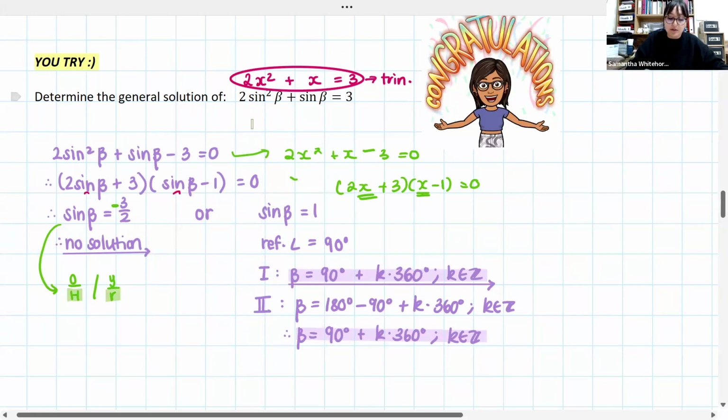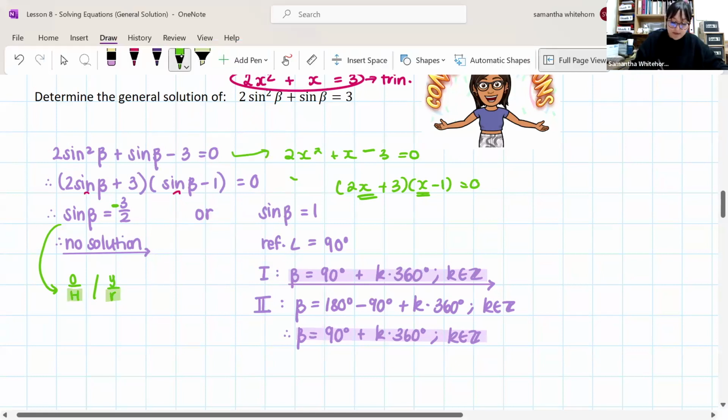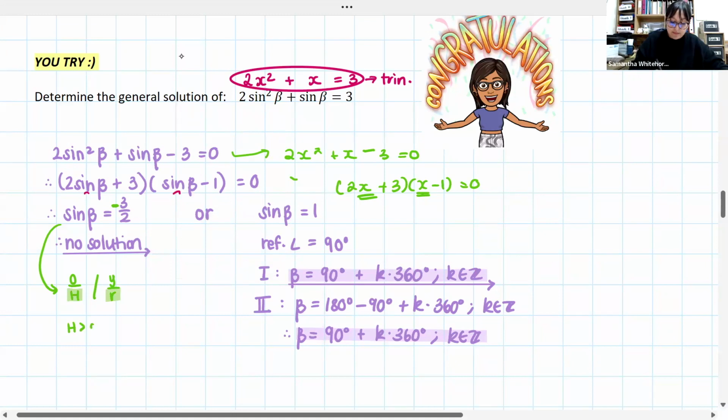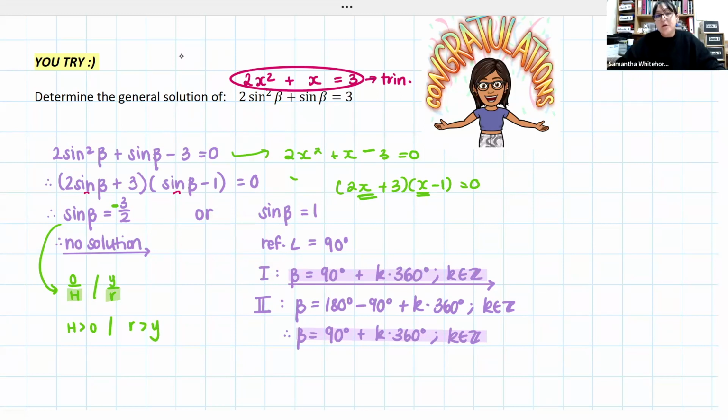Remember, your hypotenuse is the longer side in a triangle, and thereby your radius is the longer side on the Cartesian plane. And because r or h will always be the biggest, it is not possible for you to have an improper fraction. Those biggest numbers are always in the denominator, so your fraction will always be a common fraction. Because it's not possible to get an improper fraction, it therefore is not possible for your ratio to be greater than 1 or less than negative 1.